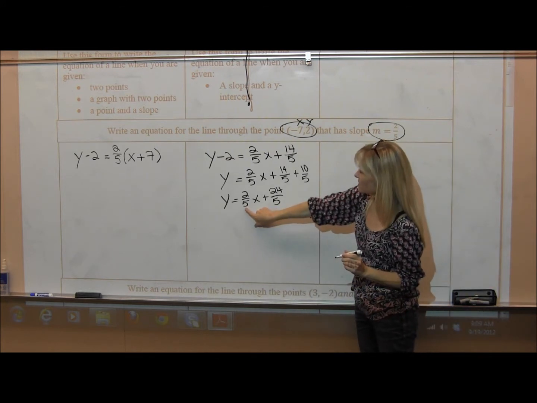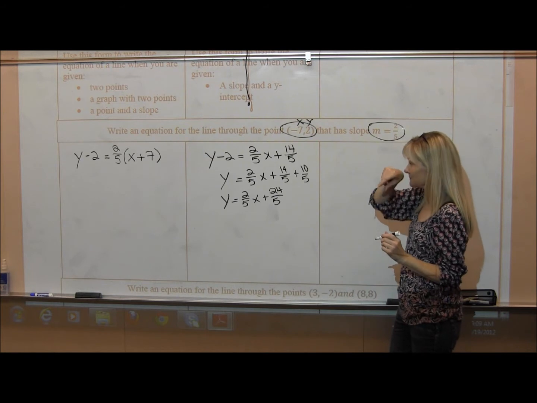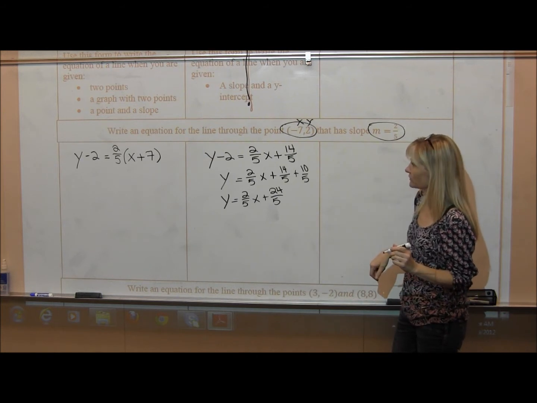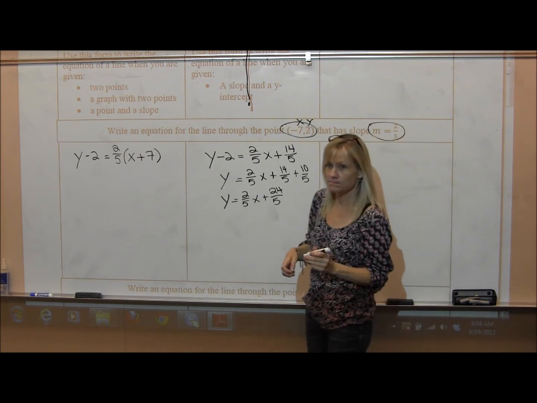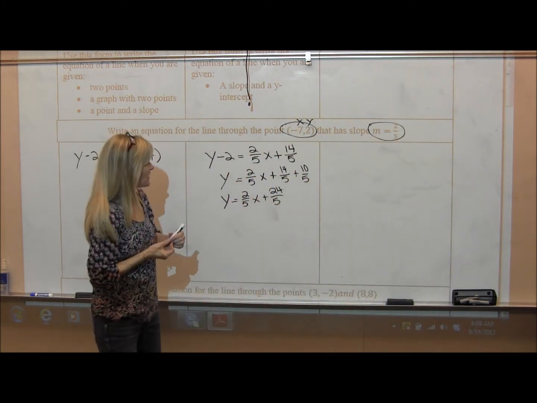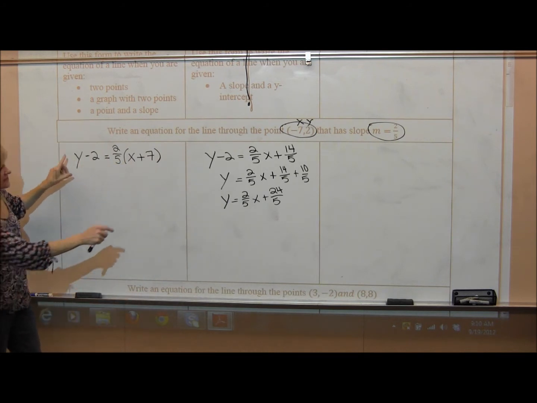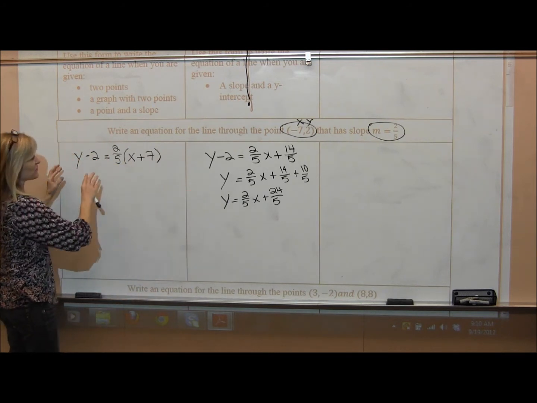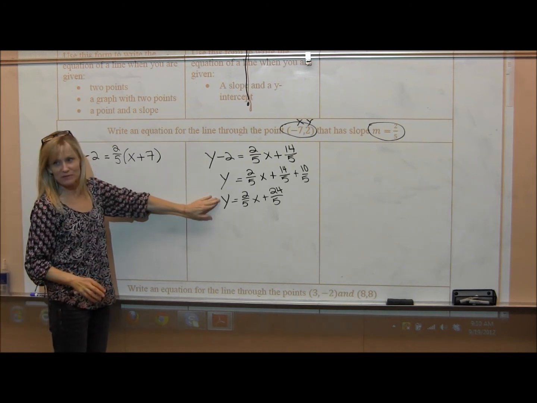I've got my slope of 2/5 and my y-intercept is 24/5, which is 4 4/5. All right. That's your answer? Well, this is slope-intercept form for the same line. So these are the same line, but I converted from point-slope form to slope-intercept form.